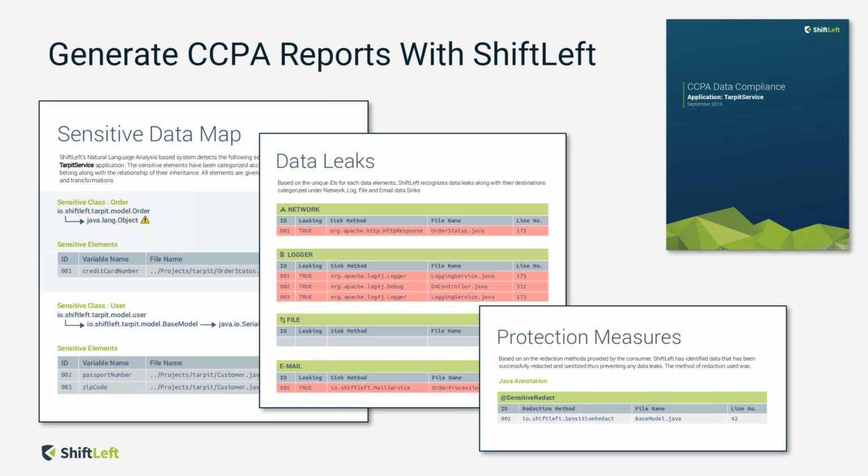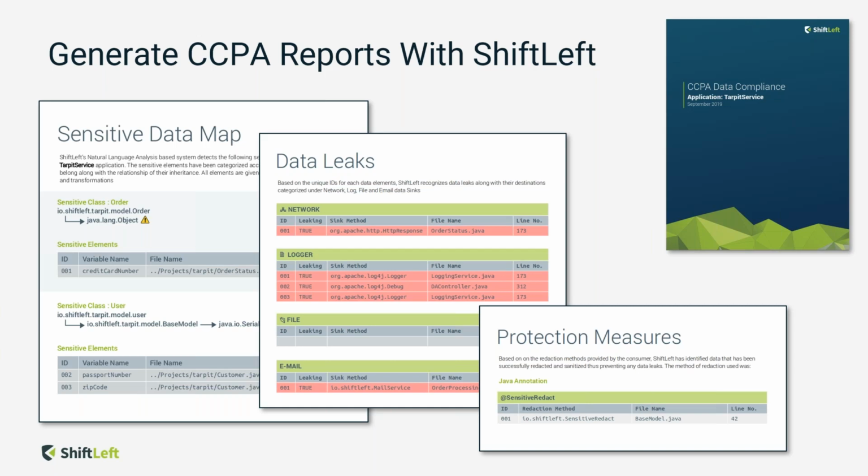So what you can see on the screen is exactly steps 1 and 5 that we discussed in getting to a compliant state in CCPA. The first thing, the sensitive data map, clearly shows you what information is coming in from the user, where it is coming in, and the data leak is all the flows and leaks that we detect.